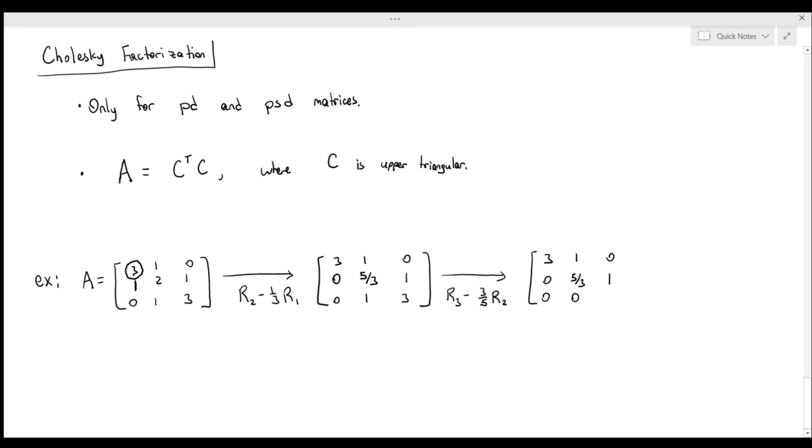Okay, so let's see, for the final entry, we'll have 3 minus 3/5. So 3 is 15/5 minus 3/5, so that'll be 12/5, okay? All right, so now we've reduced A to an upper triangular matrix.